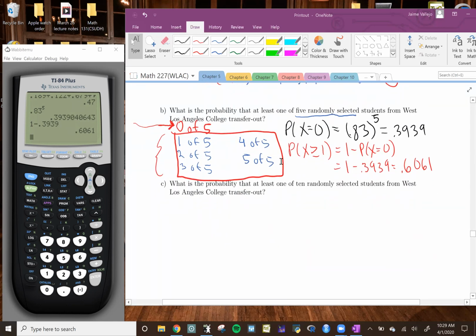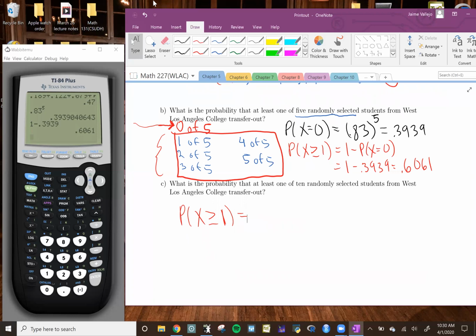So for C, if you look at C, it says, what is the probability that at least 1 of 10 randomly selected students from West Los Angeles College transfer out? So we still want to find the probability that X is greater than or equal to 1. The only thing that changed from B to C is how many people we randomly selected.